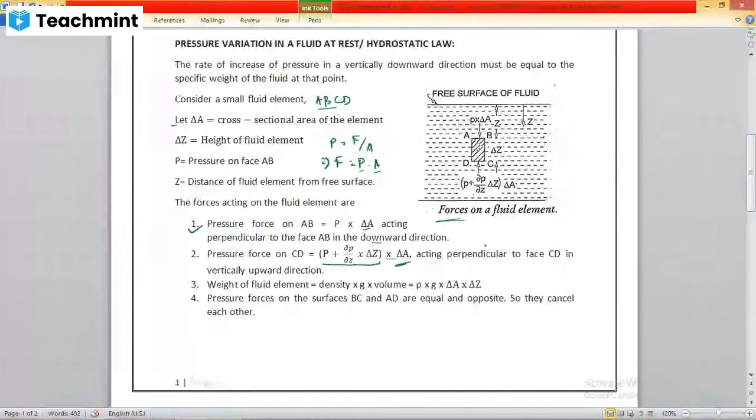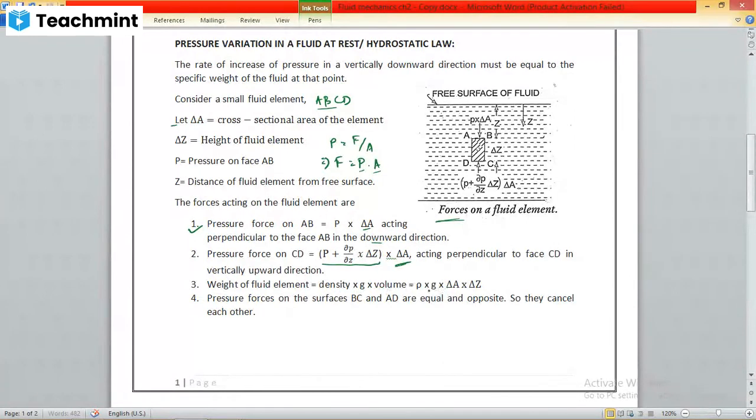That means the pressure force on AB is acting vertically downward, and the pressure force on CD is acting vertically upward. After that, the weight of the fluid element. For the weight of the fluid element, you know that we can simply write density into g into volume.